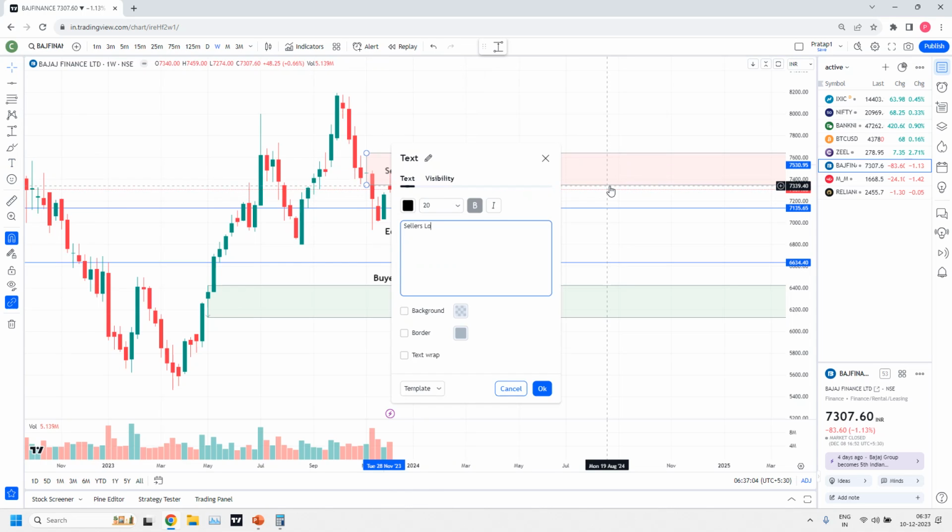This is seller's location. And what is the technical name we are calling for seller's location? High on the curve, short name HOC.